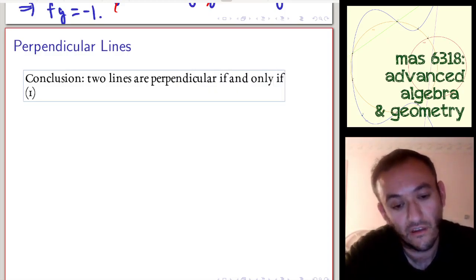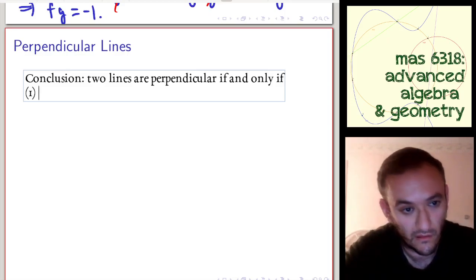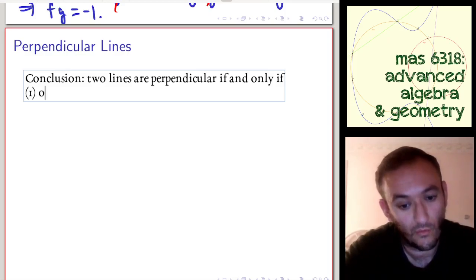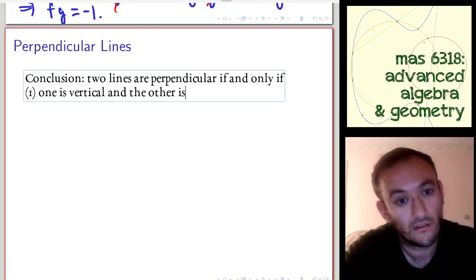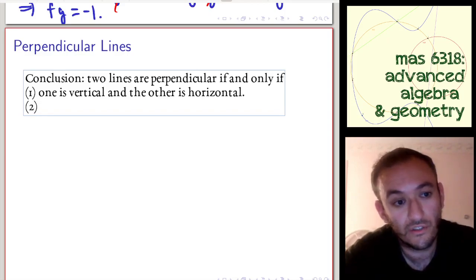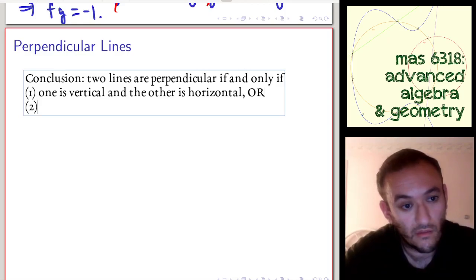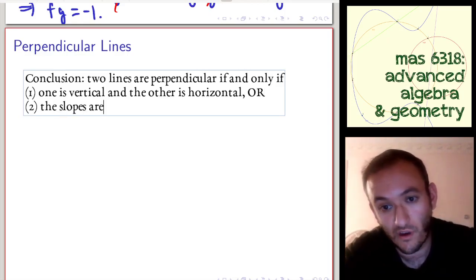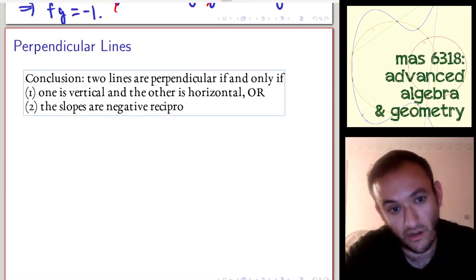We can have one is vertical and the other is horizontal, or the slopes are negative reciprocals of one another.